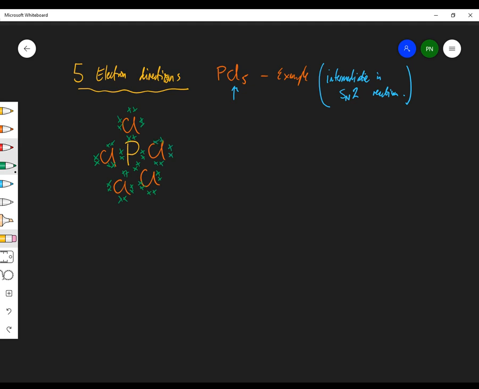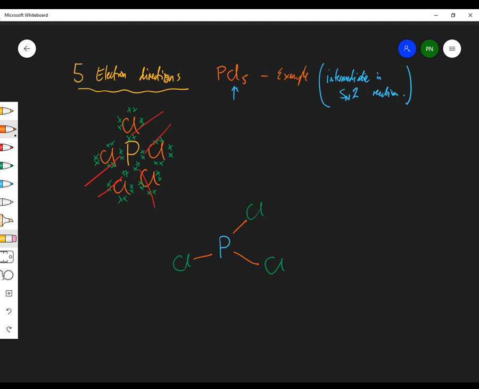Around the central atom, you can see 1, 2, 3, 4, 5, so it's got 5 electron directions. Now, this is probably the most complicated one to draw because you've got your P and you've got a Cl here. Oops, that's not right. You have a Cl here and a Cl here. So this is the first part.